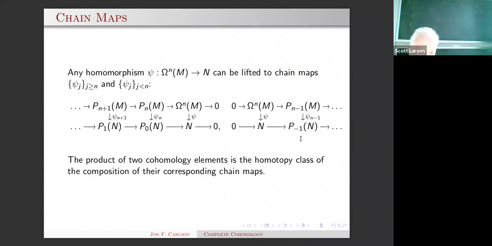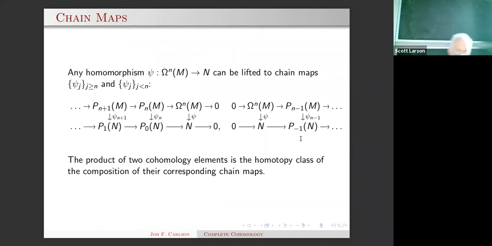The product of two cohomology elements is the homotopy class of the composition of their chain maps on complete resolutions. And this works in both positive and negative degrees, because on complete resolutions, I can have chain maps that work for positive degrees and chain maps that work for negative degrees.